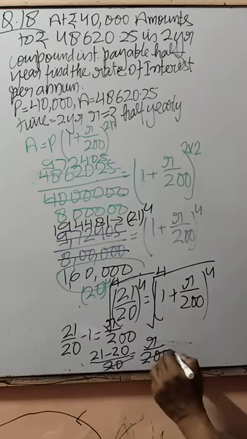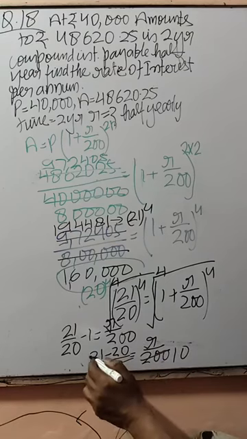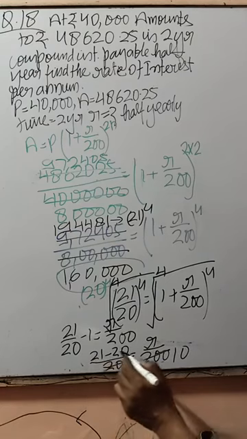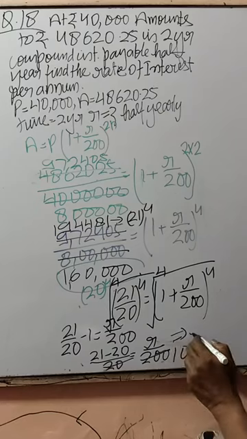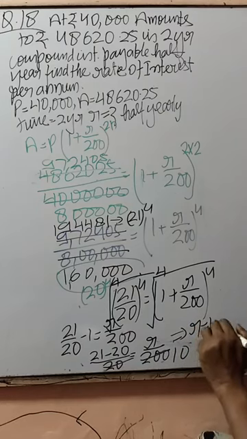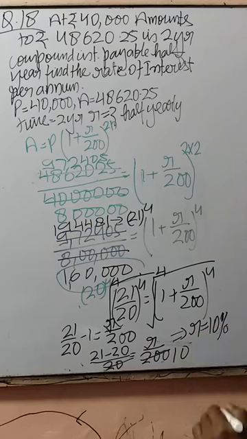So it becomes 10. And this is 1. Right? So therefore, rate of interest is 10%. Do you get this? Yes, sir. What is your answer? 10%.